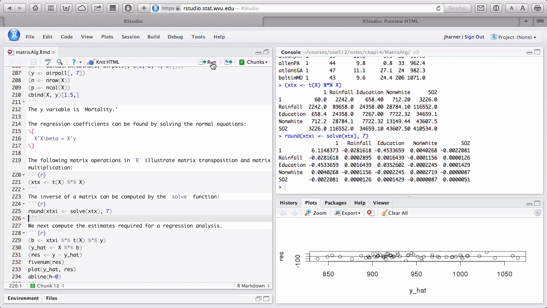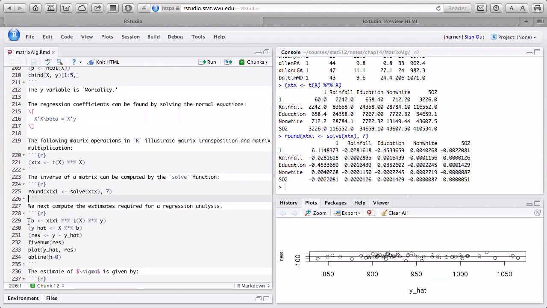I call that xtxi, i for inverse. X transpose x inverse is this second matrix here. If I multiply this matrix times that, I would get the identity matrix, or at least within rounding error. So how do I get B, the regression coefficients? Well, that's x transpose x inverse x transpose y, so that's what I've done.